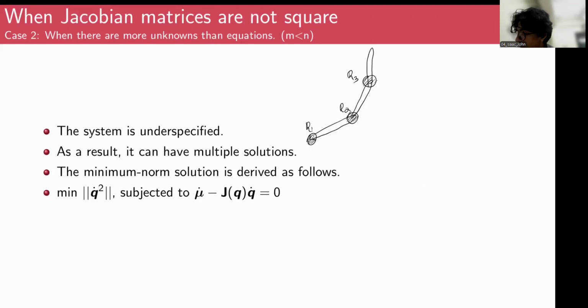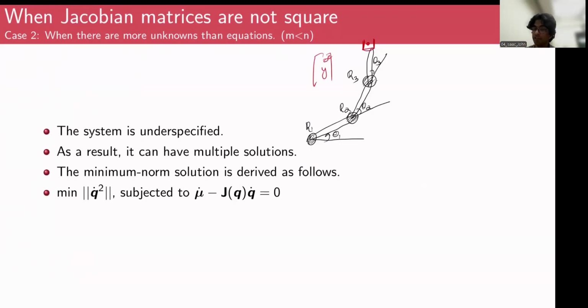And I can specify the joint variables of each of these joints as theta1, theta2, and theta3. And now I'm trying to control the task space x and y, just the 2 task space variables, but with 3 motors.